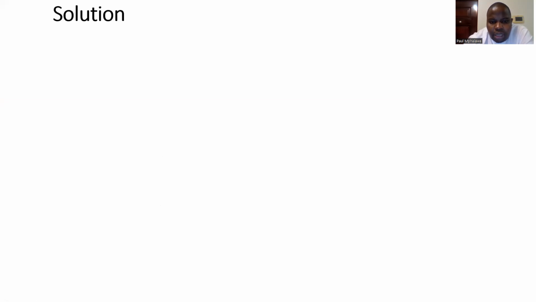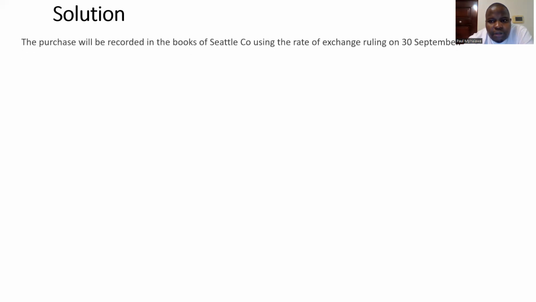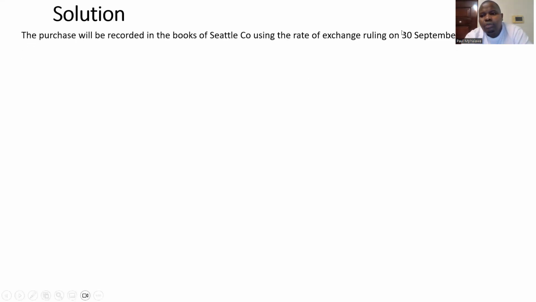I've provided a solution here. What we're saying is that the purchase will be recorded in the books of Cito company using the rate of exchange ruling at 30th September, that is 1.6.